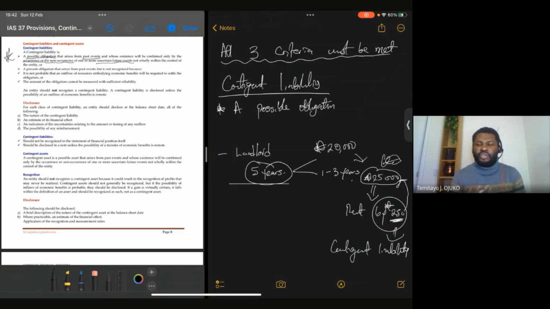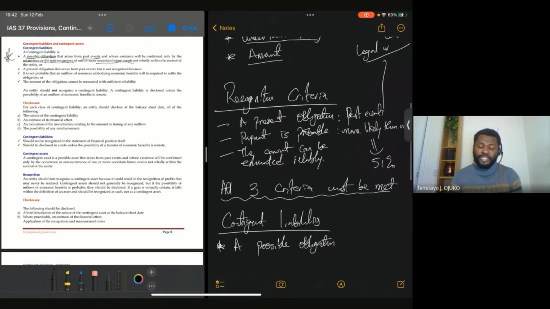Now, there are also other things that can lead to a contingent liability. For example, from the recognition criteria of provision, we said three things must be present. However, if two out of these three are present, most importantly, if the first criterion is present and any of the other two is present, then it can be a contingent liability. Let's look at that.